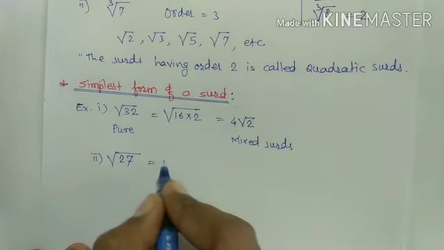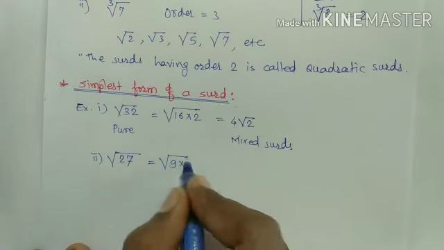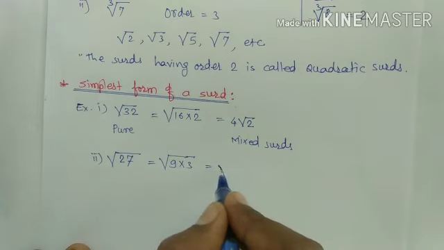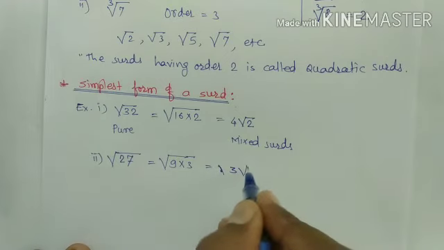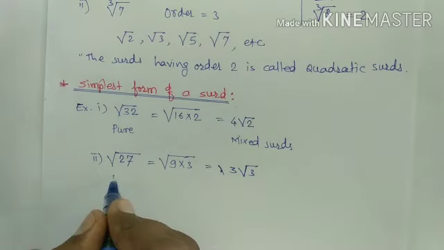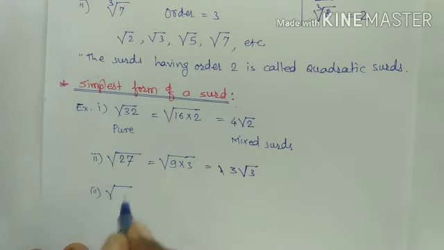We can simplify this as, see, 9 into 3. 9 times 3 is 27. 9 is the perfect square of 3. That's why here we can write this as 3 root 3. This is the simplest form of this root 27. अजून आपल्याला एक्झाम्पल लिहिता येईल. See, this is square root of 98.